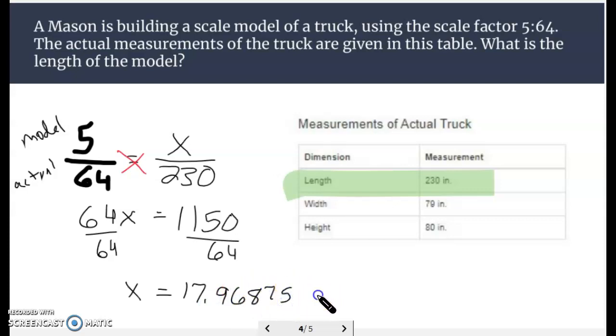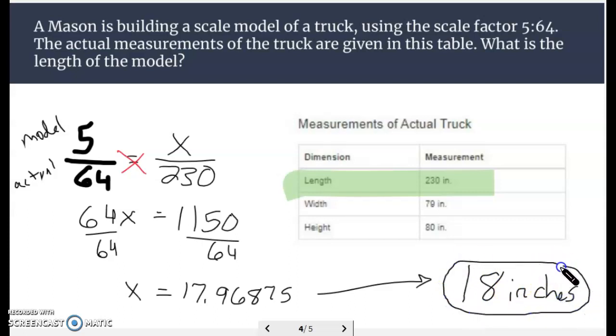If we round that to the nearest tenth, it would round to 18 inches. And that is the length of the model. In real life, 230 inches. The model is just 18 inches. Let's look at one more.